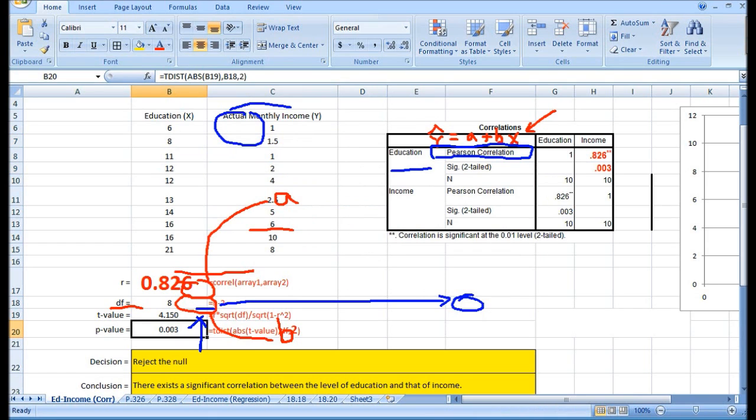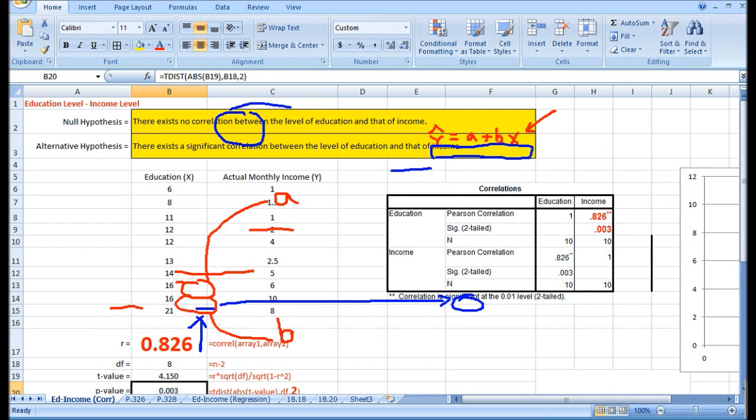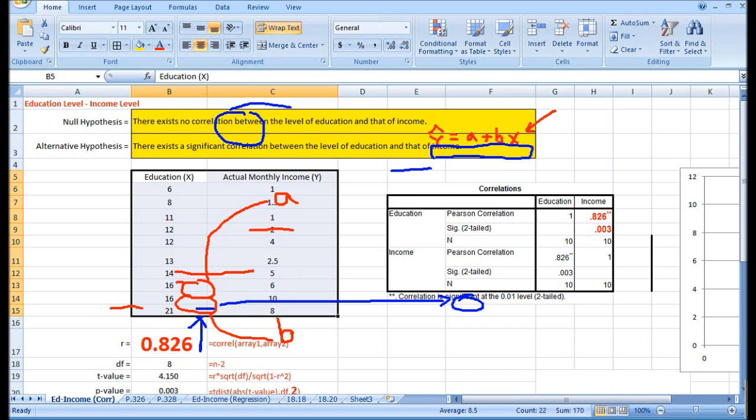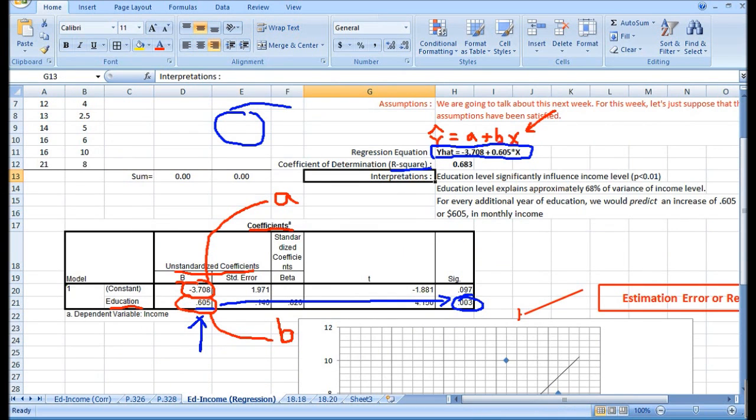The p-value for this correlation coefficient was 0.003. That was our first correlation analysis with the same data, education level and monthly income level. We are using the same data for this regression analysis. The p-value for this regression coefficient is the same 0.003, which is statistically significant.